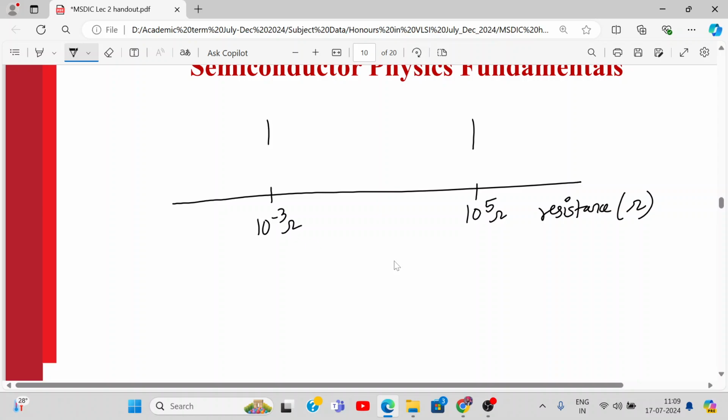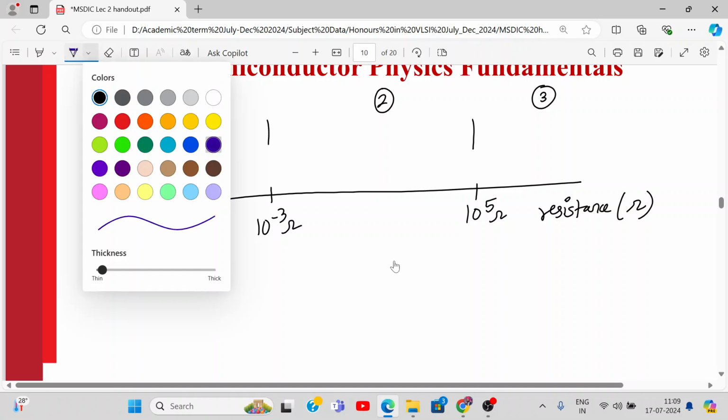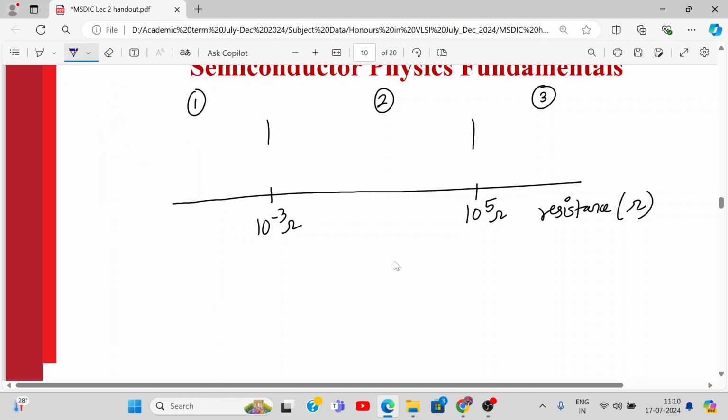Can you tell me where metal will come? In region number 1, 2 or 3? Metal, 1, of course. Least resistance, right? Insulators, where will they come? Why? Because of high resistance.